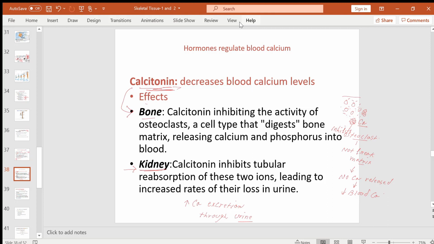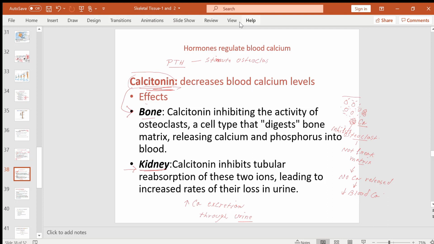Okay, the parathyroid hormone, just know that, does the opposite. That means what? Parathyroid hormone will stimulate osteoclasts, the giant cells.